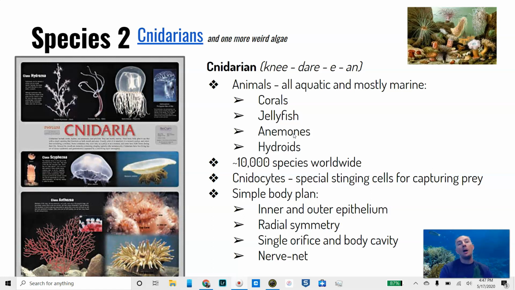So their mouth and their butthole are the same thing. And so they don't have a through digestive system or a complex digestive system. And they have a nerve net, but no centralized sort of nervous system that is cross-communicating or processing information in any one spot. These are simple animals.